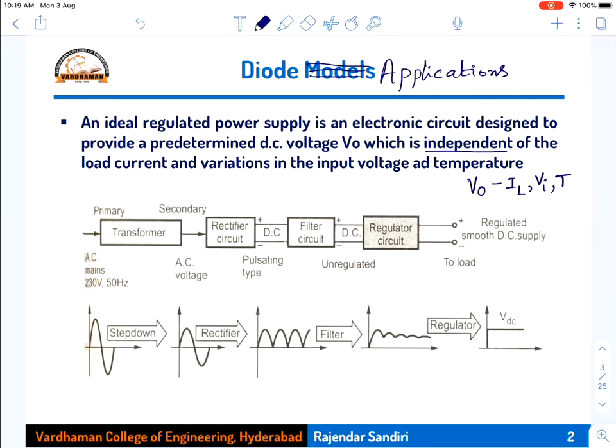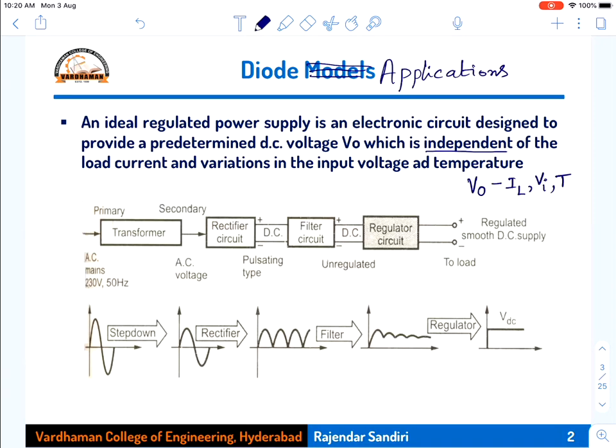It consists of the transformer, rectifier, filter, and regulator, designed so that a predetermined DC output voltage is obtained, independent of load current, input voltage, and temperature.